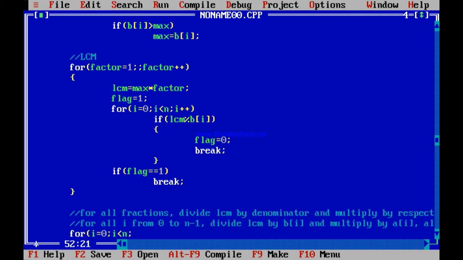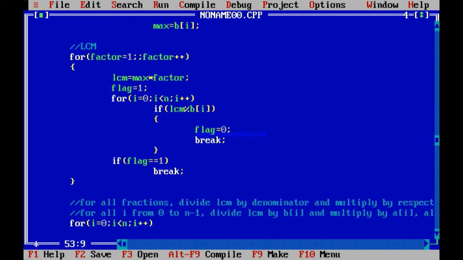What to do? I need to initialize sum to 0. Don't forget, every time whatever I get, I need to add it to sum. Sum is equal to sum plus, or else you can write sum plus equal to what?